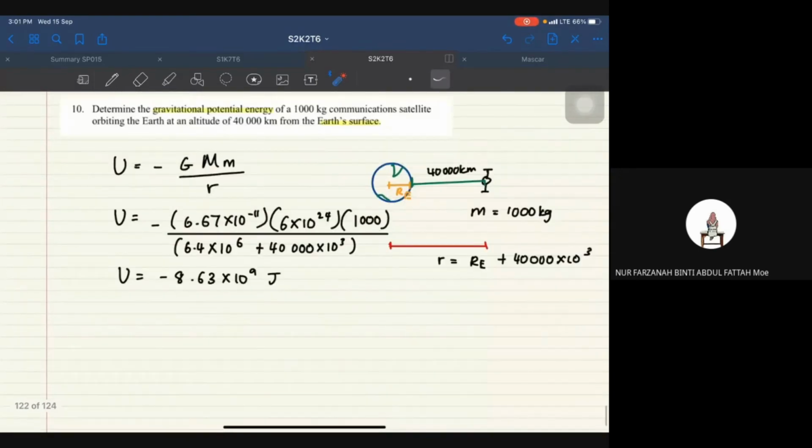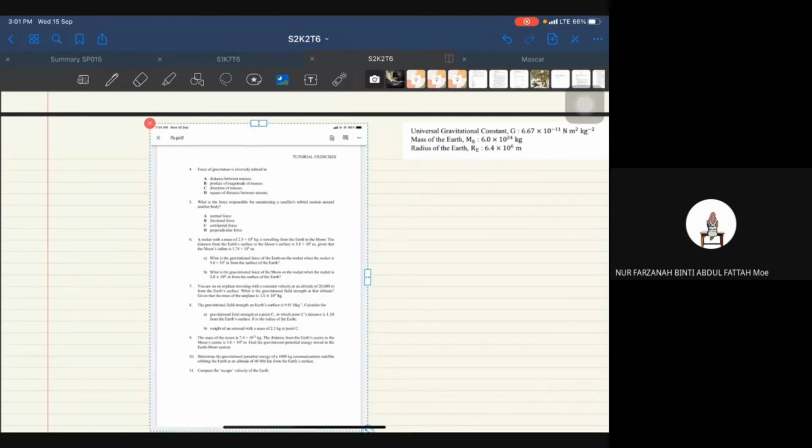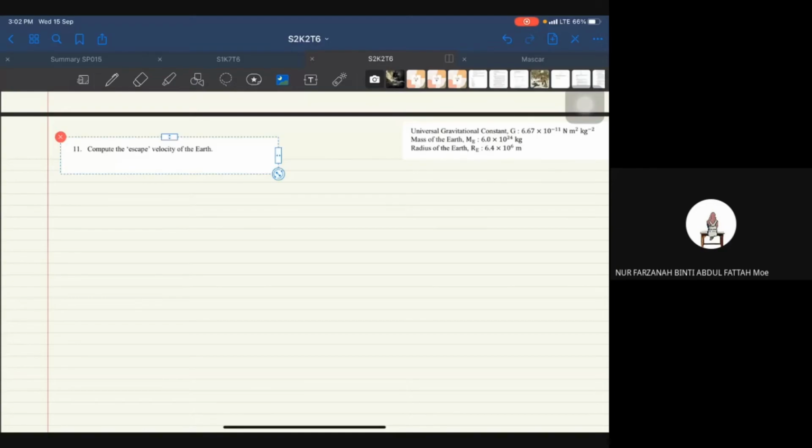Ini ada soalan tak? So, negatif tadi biar je. Okay, question number 11. Compute dia kata, ayat nak fancy. Compute the escape velocity of the earth. Okay, you have two formula.